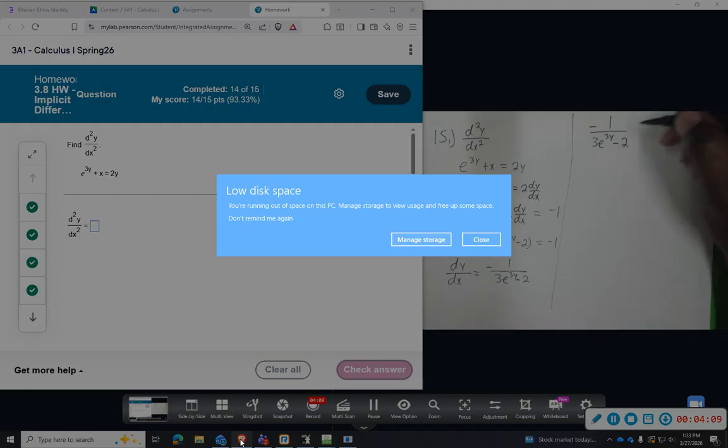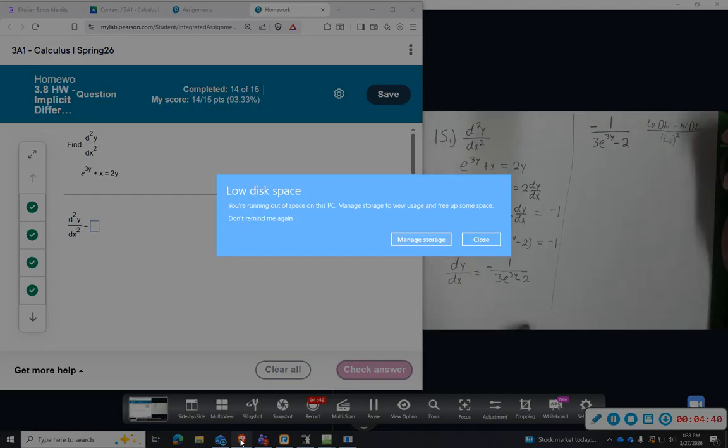So quotient rule is low d high minus high d low all over low squared, or the bottom squared. So the bottom times the derivative of the top minus the top times the derivative of the bottom all over the bottom squared.